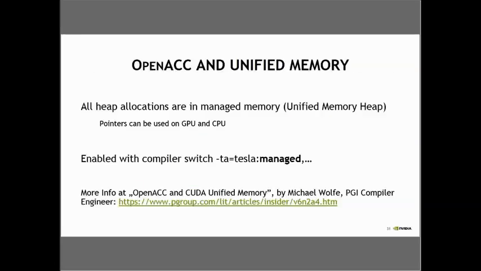And the way you do that is you compile with this option, ta=tesla:managed. And that's an instruction to the compiler to allocate the memory as managed. And then when that's done, the underlying system today in the current implementation will, by default, page it over to the GPU, and only if it's needed, send it back to the CPU.